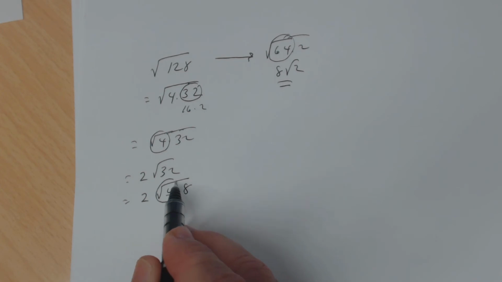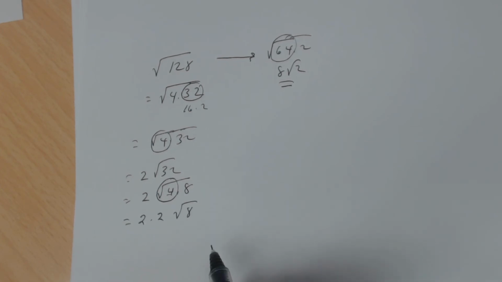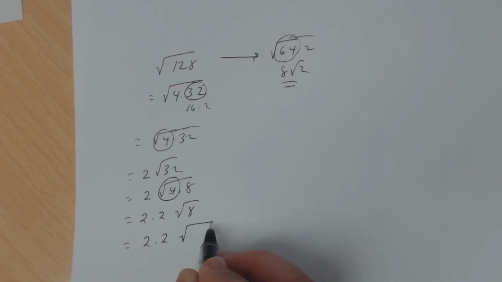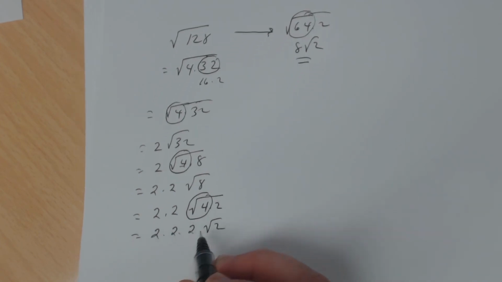So the square root of 4 is 2, so I get 2 times 2 square root of 8. But then I notice I can go further with square root of 8 because 4 also goes into 8. So I get 2 times the square root of 4 times 2. And then the square root of 4 is 2. So I get 2 times 2 times 2 square root of 2.